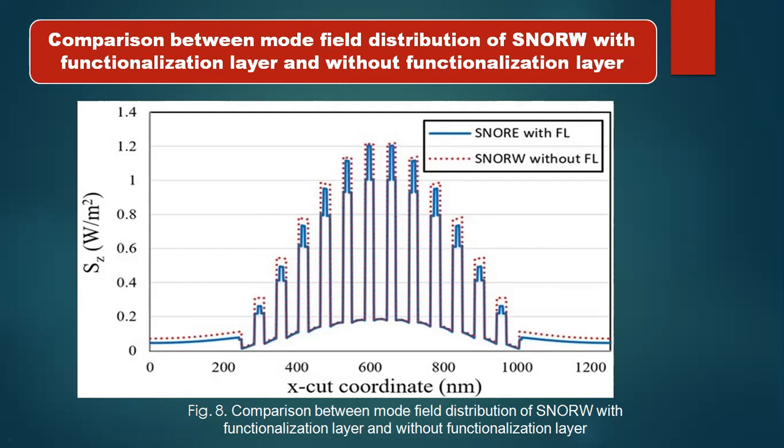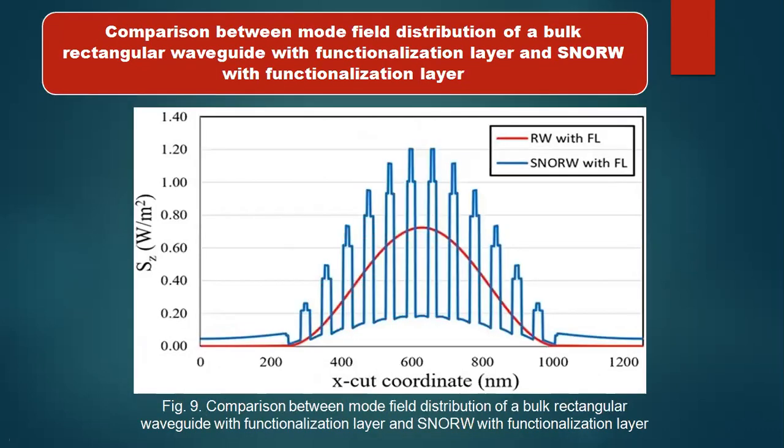Now, moving on to our next comparison, that is the comparison between the mode field distribution of a bulk rectangular waveguide with functionalization layer and SNORW with functionalization layer. Well, here you can see that this is a very basic comparison, and both of them have the same Gaussian shaped curve.